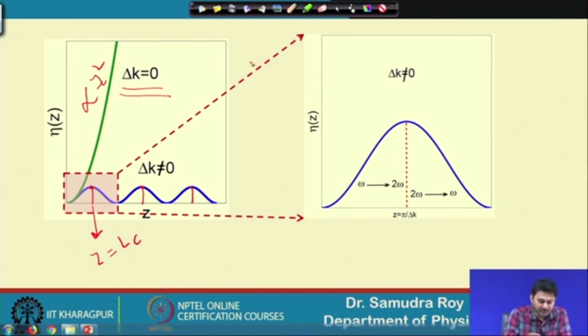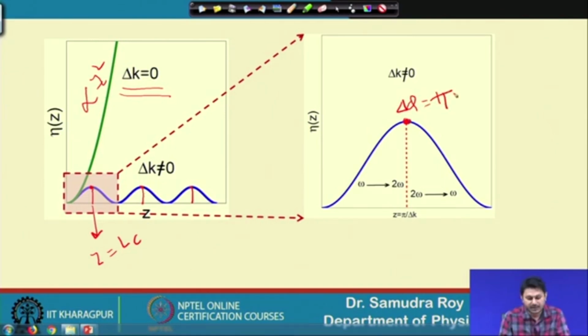So, from this figure, if I now expand this portion only, then we find that this goes to a maxima at this particular point, and then it goes down. So, here the exact phase mismatch delta phi was pi.